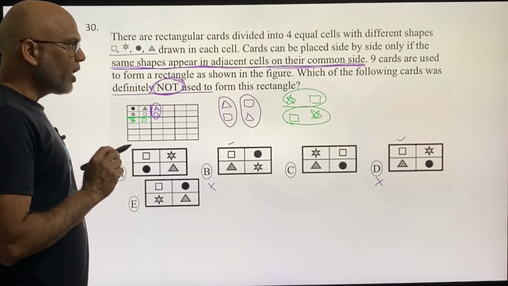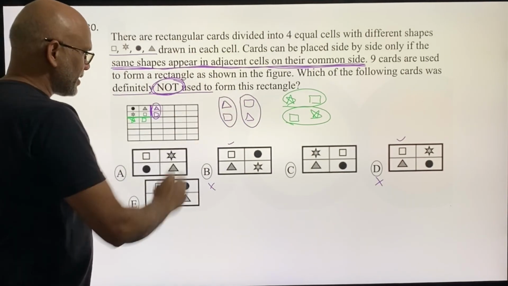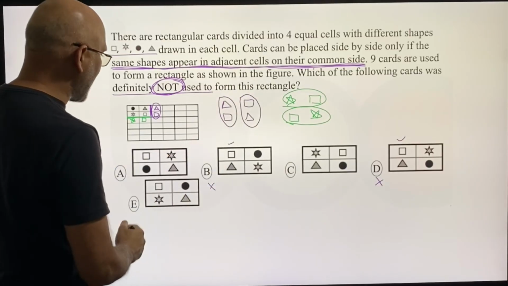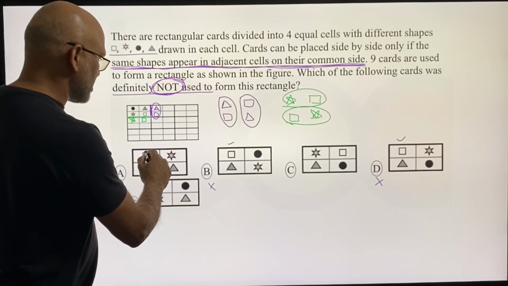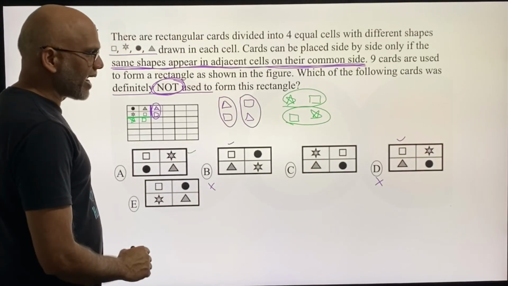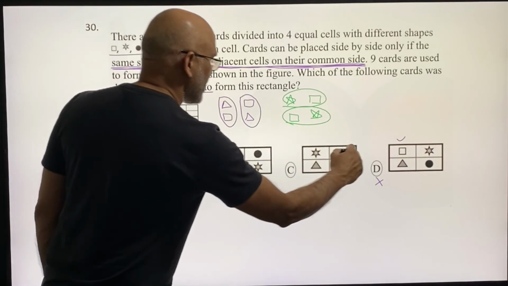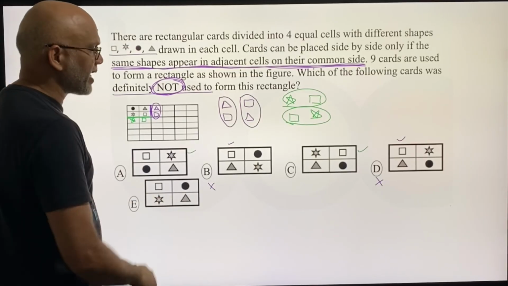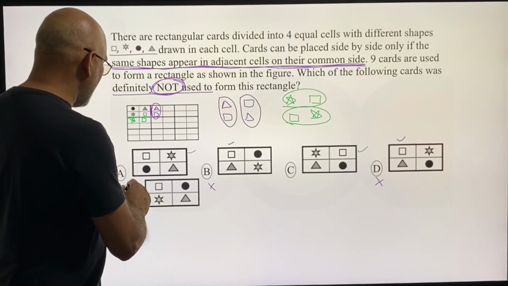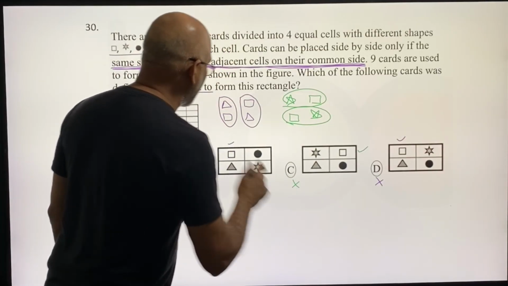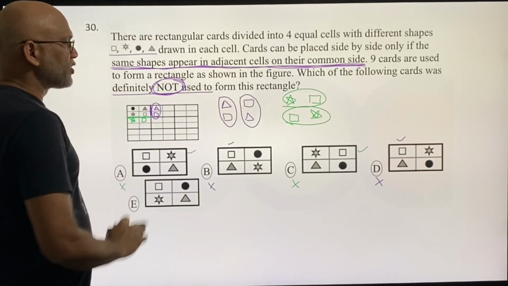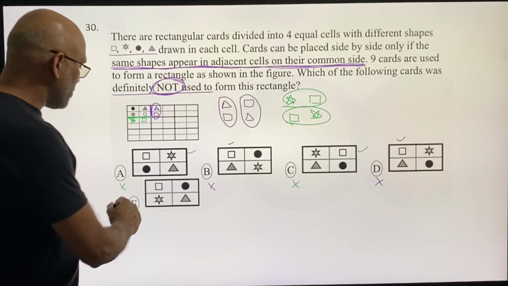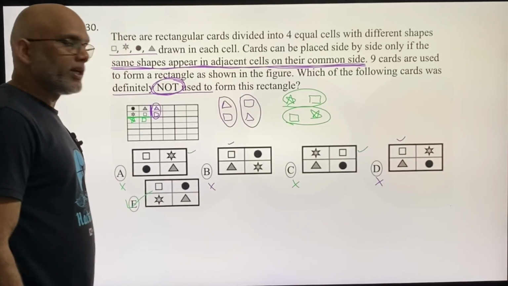Now if I look at that, I can see that star and square have to be horizontally stacked. So this is horizontally stacked, and star and square, they are horizontally stacked. Star and square here, they are vertically stacked, not horizontally. So again, A and C can be used to form this rectangle. So then the only one that is left is E. So then E must be the correct choice.